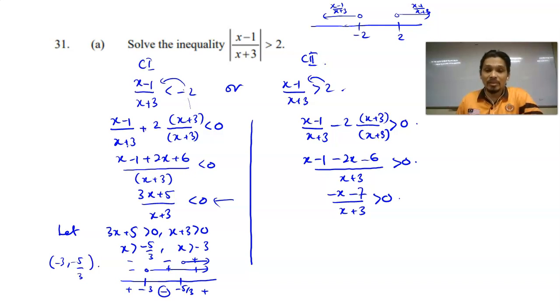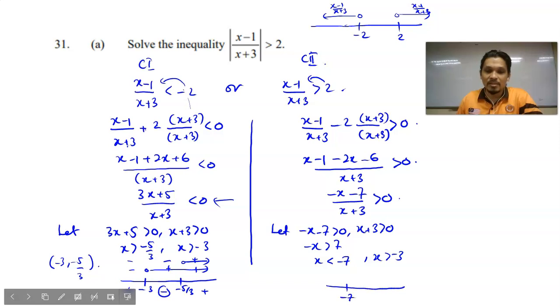What about this one here now? Let -x - 7 > 0 and x + 3 > 0. Then -x > 7, so x < -7, and x > -3. Negative 7 and negative 3: one is less than and the other is greater than.